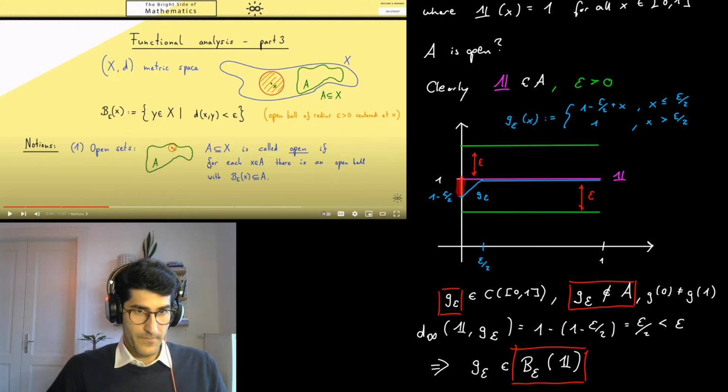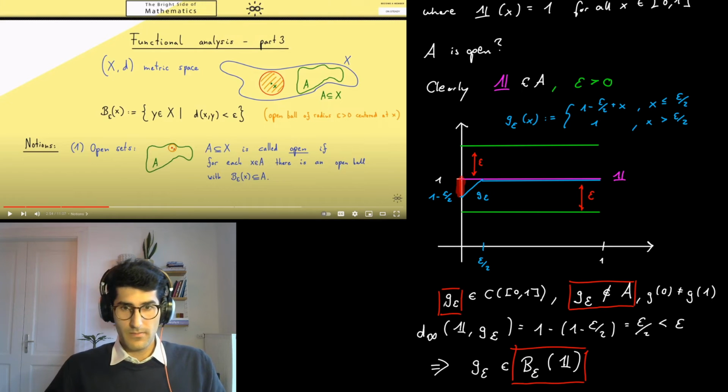Let's look at this again. For each x in A, the negation of it would be there exists an x in A. Well, we just have the g epsilon for that. So there exists an open ball B epsilon of x in A. The negation of it would be for every epsilon ball around x, I do not have this inclusion.